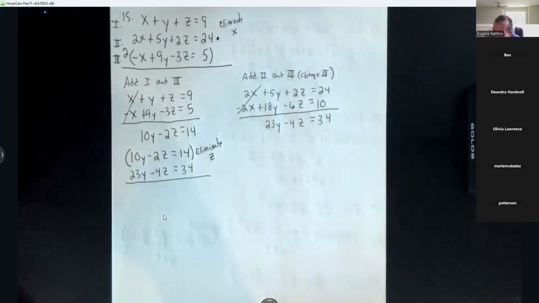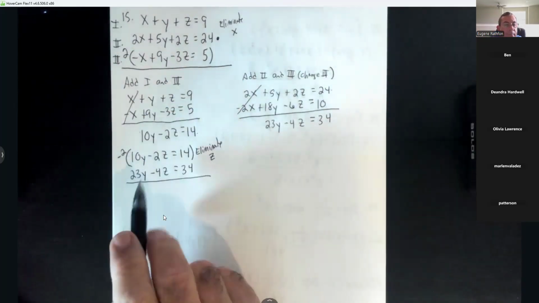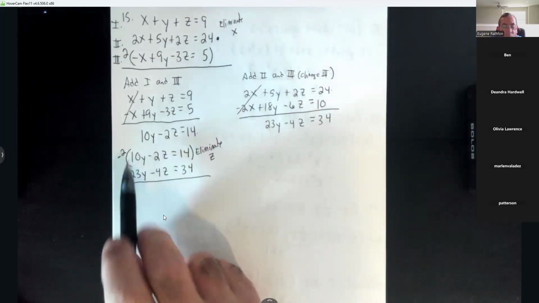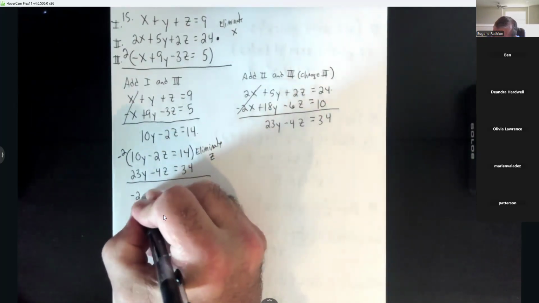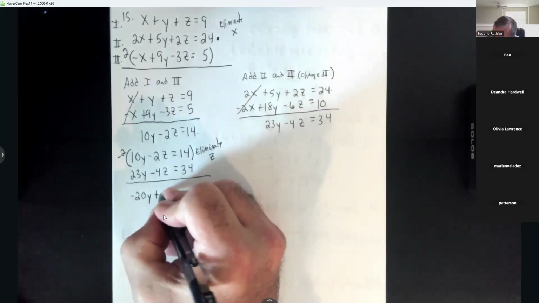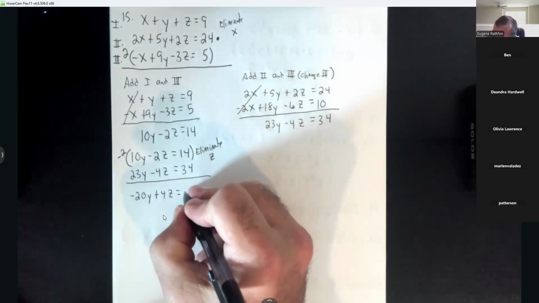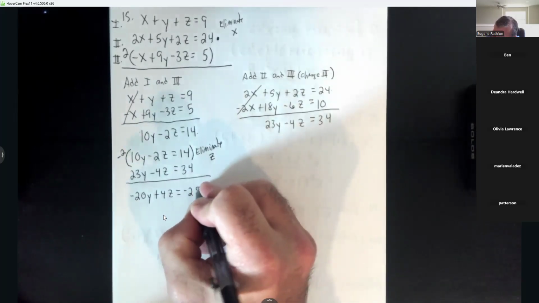So, Jada, what you got? Negative 2? That sounds good. All right, so let's see what we get. Negative 2 times 10 is negative 20y. Negative 2 times negative 2 is a positive 4z. Negative 2 times 14 is negative 28.